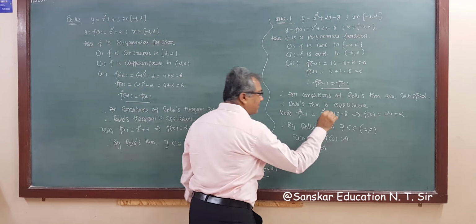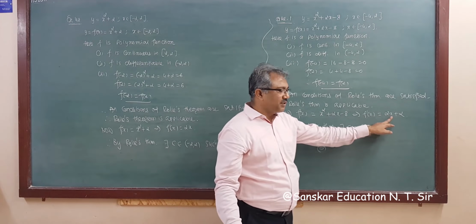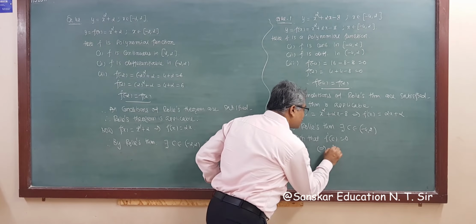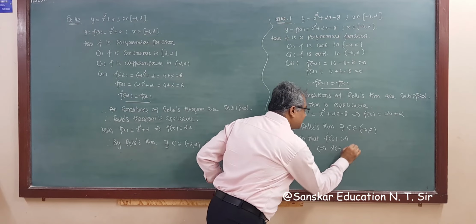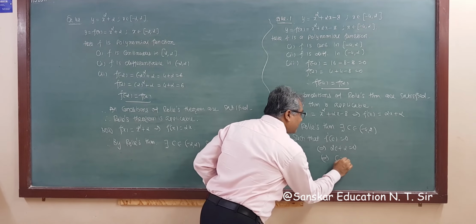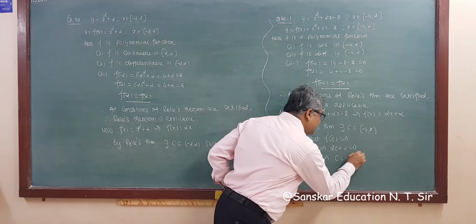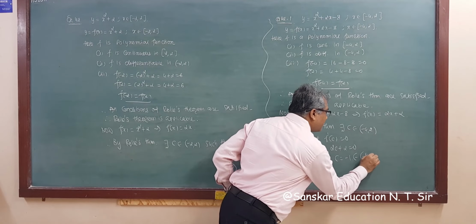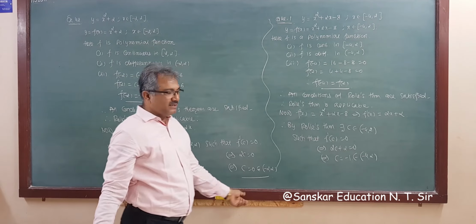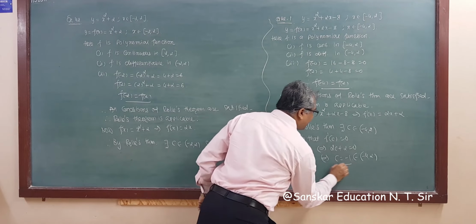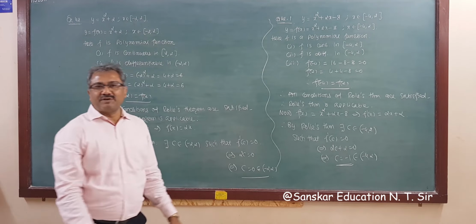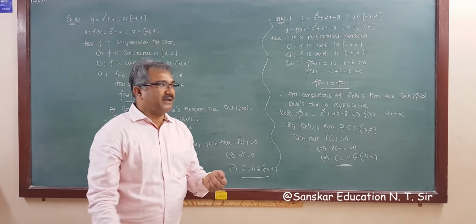So this implies f dash C is equal to 0, which means you have to substitute C here. So twice C plus 2 is equal to 0. This implies C is equal to minus 1. Does this minus 1 belong to minus 4 comma 2? Yes. So this is the required value of C for which Rolle's theorem is satisfied, right?